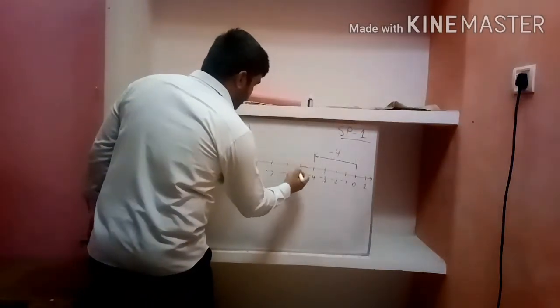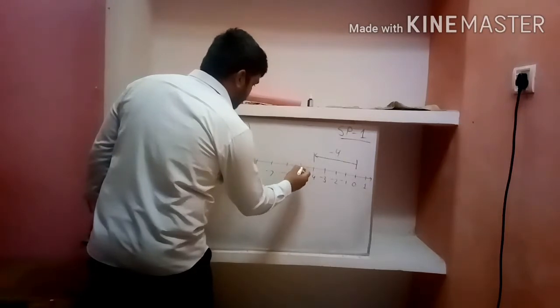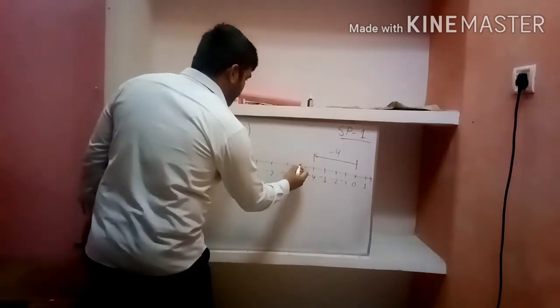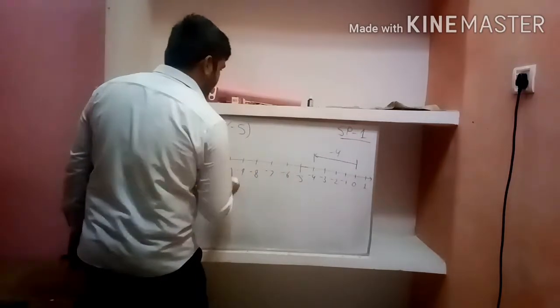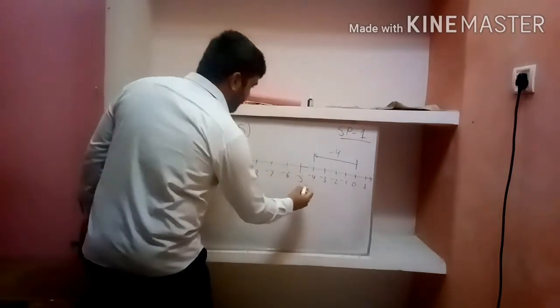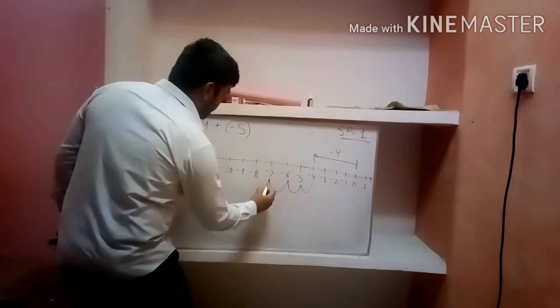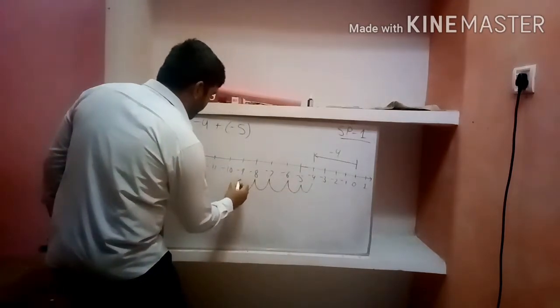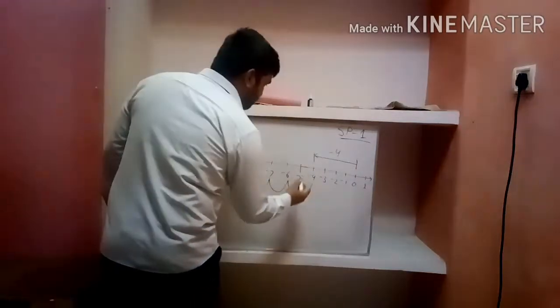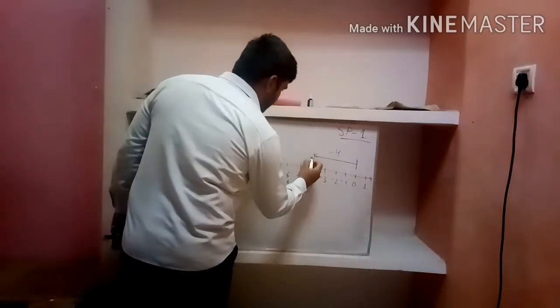So if you count the number of steps, 1, 2, 3, 4, 5. As you count the number of steps, again you see 1, 2, 3, 4, 5. So that is the place.